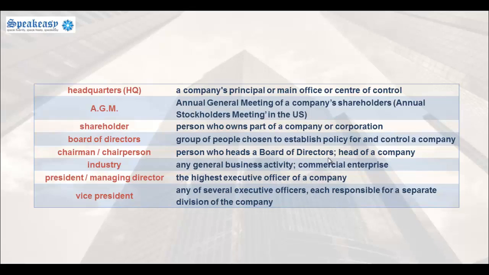Industry can refer to any general field of business or commercial enterprise. The president or managing director is the highest executive officer of a company. A vice president is any of several executive officers, each responsible for a separate division of the company.